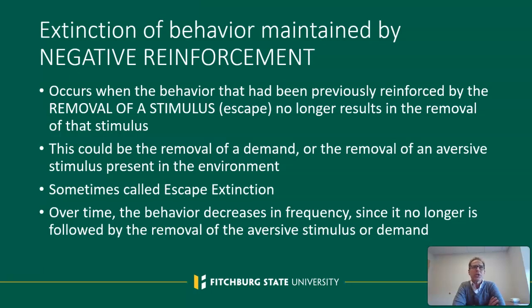Sometimes we call this escape extinction because previously there was some behavior that resulted in the removal of the demand or the aversive stimulus, basically allowing the organism to escape that situation. But now when the behavior is engaged in, that removal no longer occurs. So it's no longer being negatively reinforced. And again, over time, the behavior decreases in frequency since it no longer is followed by the removal of the aversive stimulus or demand.